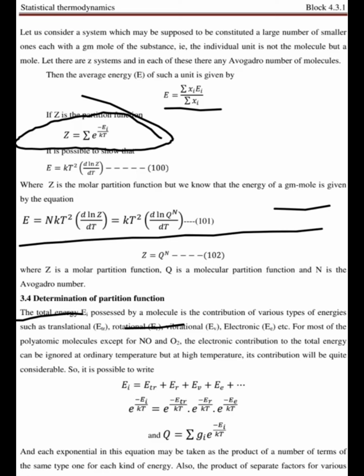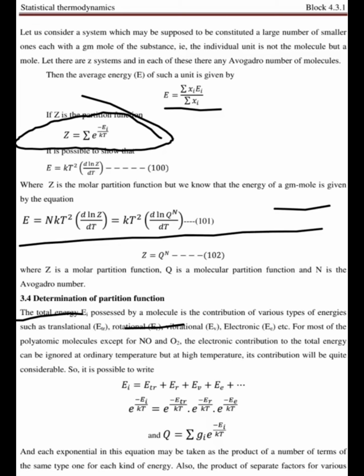So ETR is the translational energy, ER is the rotational energy, EV is the vibrational energy, and EE is the electronic energy.